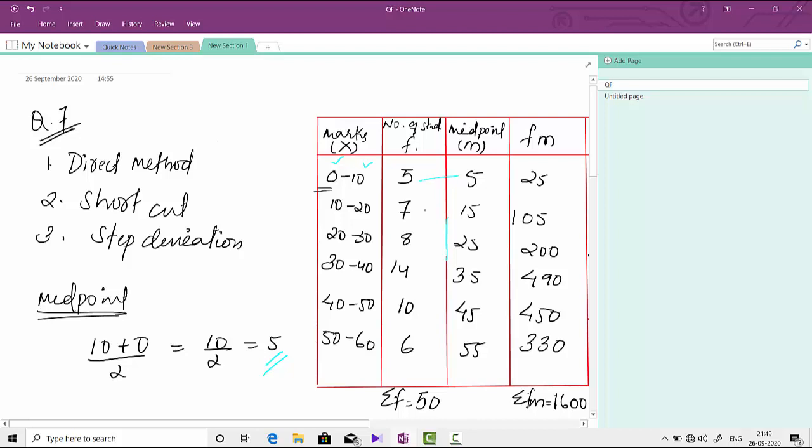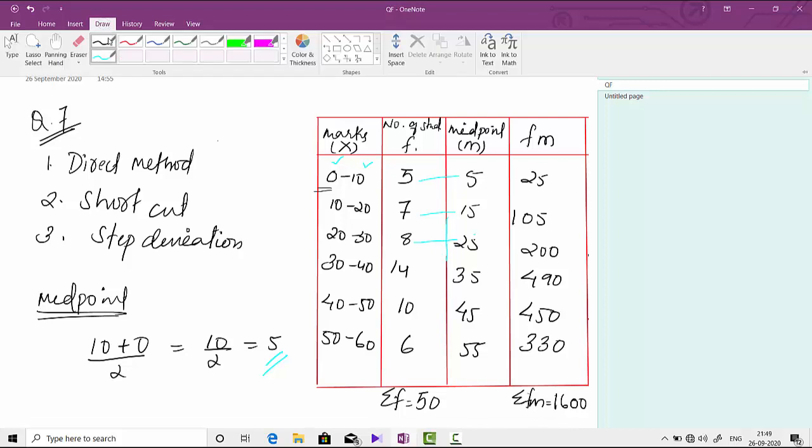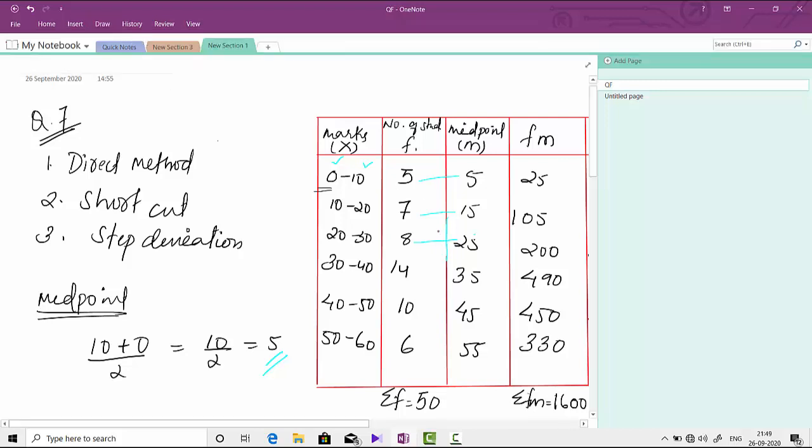That is 5 into 5, 25; 7 into 15, 105; 8 into 25 is equal to 200. Let me just change the color. I think this will be better. 14 into 35, 490; 10 into 45, 450; 6 into 55, 330.